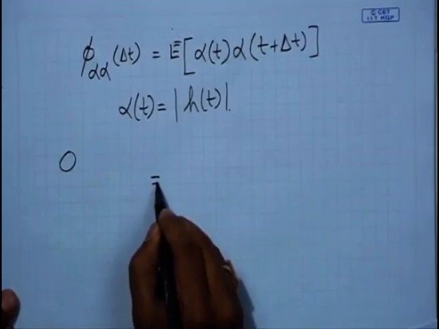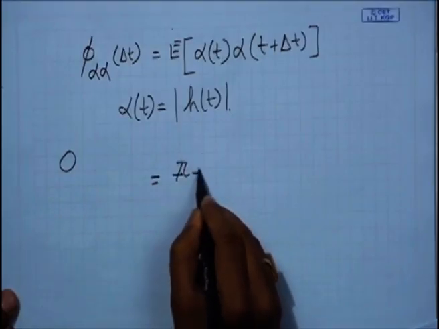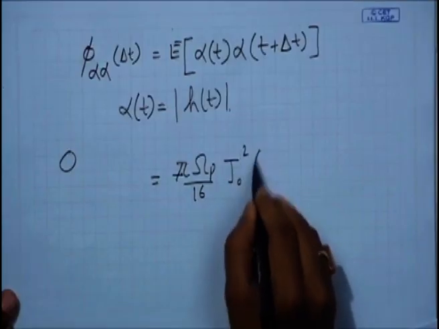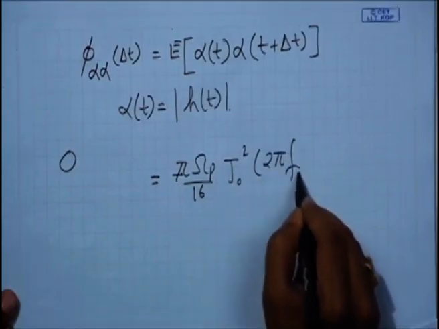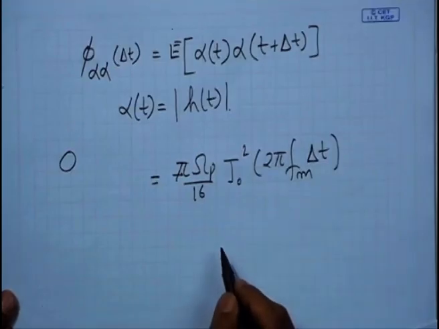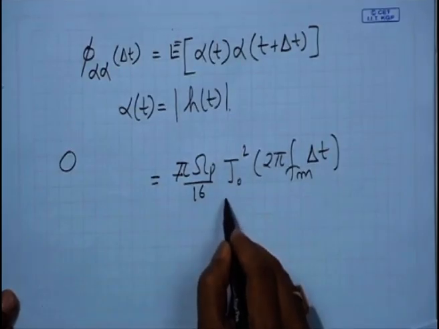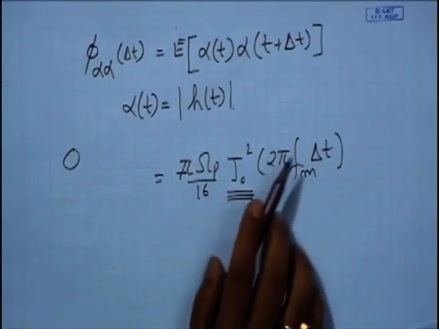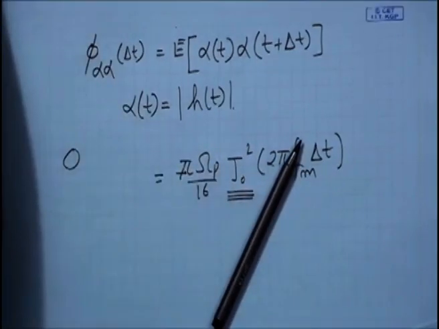This one would turn out to be pi of sigma p by 16 J 0 squared of 2 pi f m delta t. So, what you see, the difference between the previous one and the current one is that it is J 0 squared instead of J 0. So, that means it is decreasing faster.